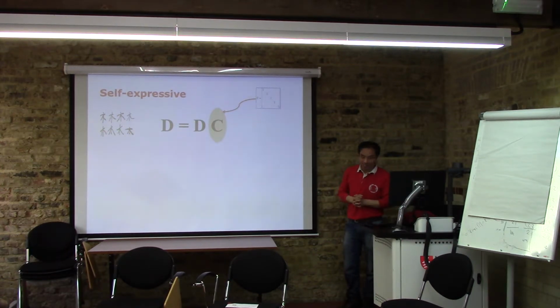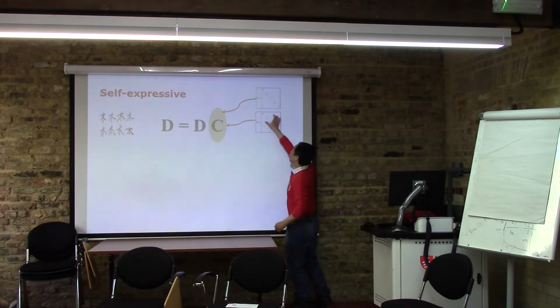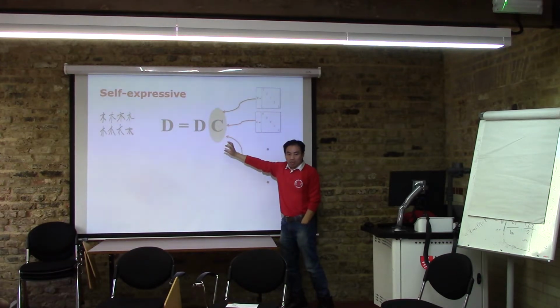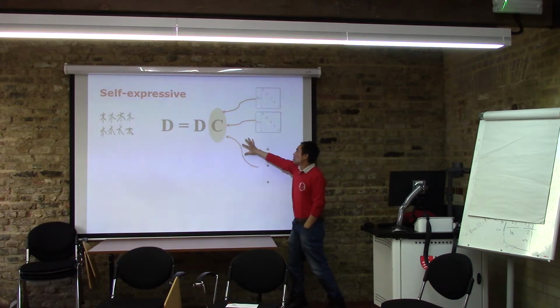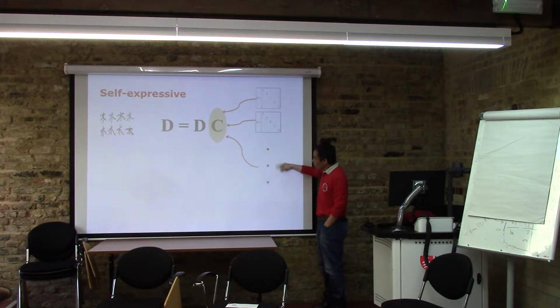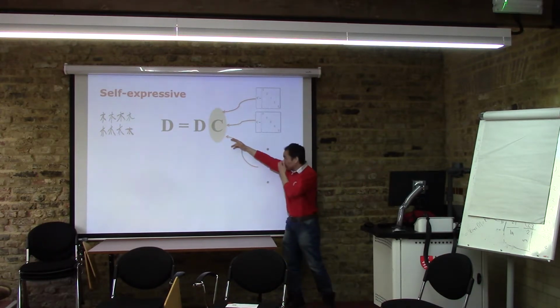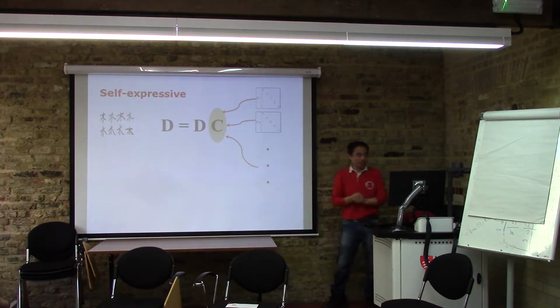It doesn't. If C is all 0, it also doesn't make sense. But this equation can also hold for some other values of C. That's actually the same for rank, because each entry can be represented by others. So that's why it's called self-expressive.